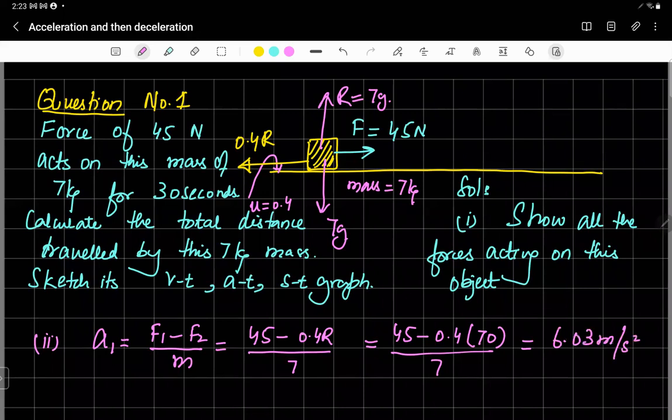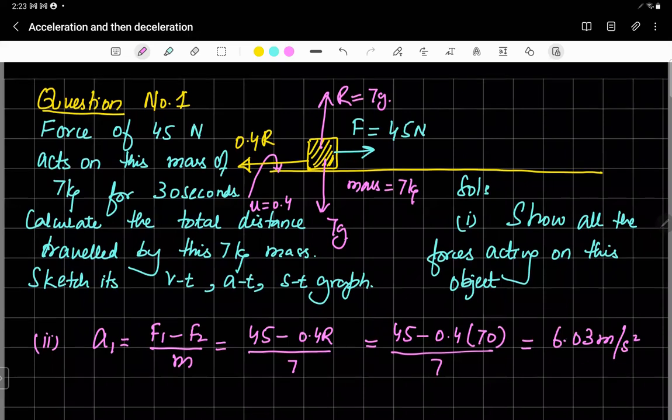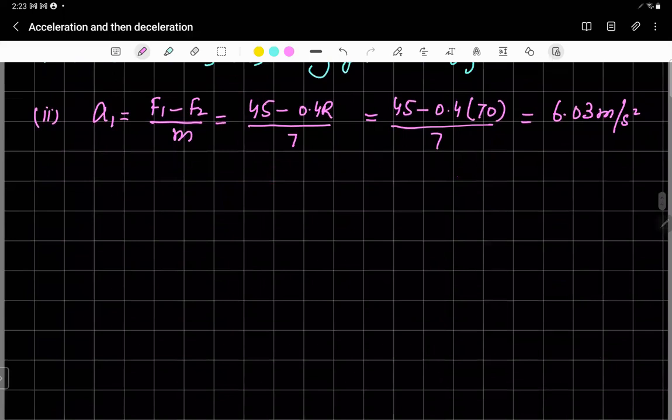Okay. Now, starting from rest, this force acts for 30 seconds. Hence, the acceleration is for 30 seconds. The third point is the velocity after 30 seconds.